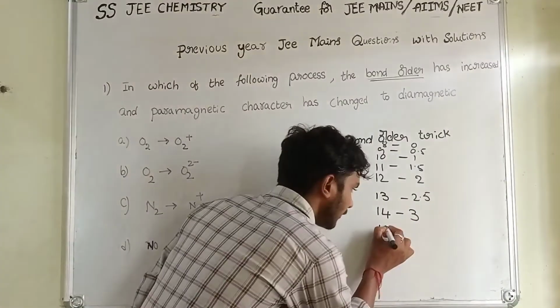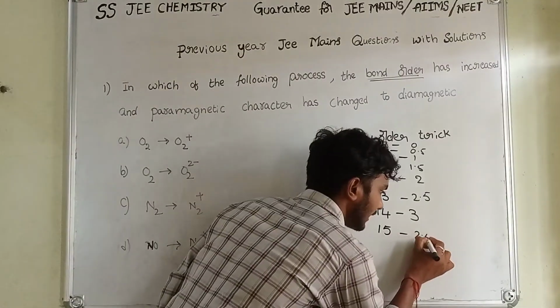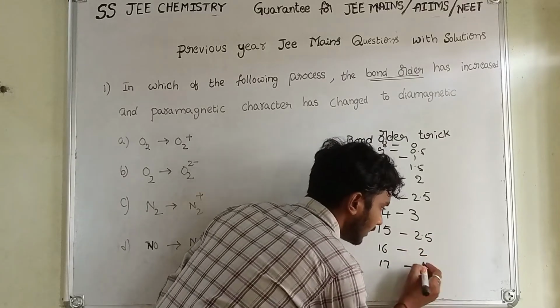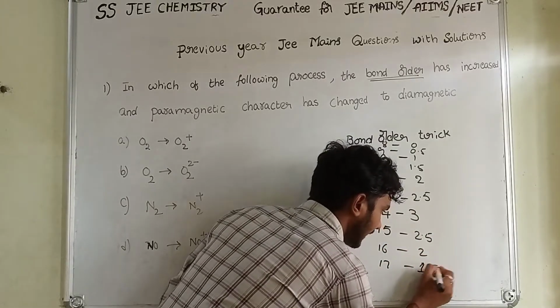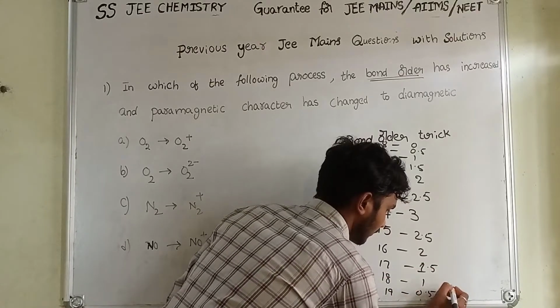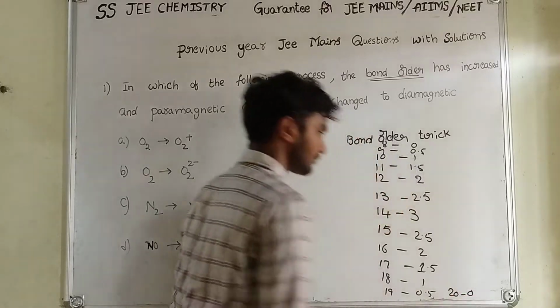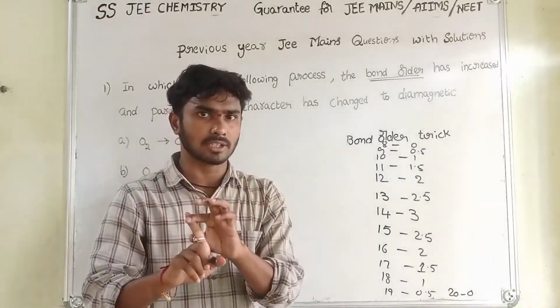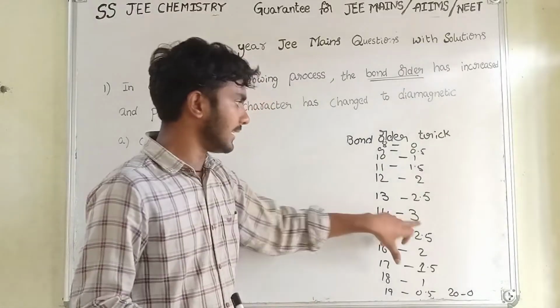And if it is 15 electrons, then here it is decreasing: 15, 1.5... 16, 2, 17, 1.5, 18, 1, 19, 0.5, 20, 0. So what is the bond order trick? First, count the electrons. If it is 14, then it is 3.